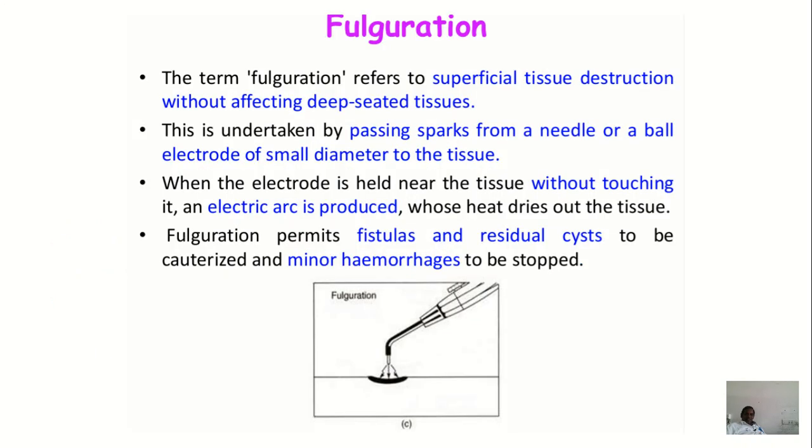Okay, the next technique is fulguration. Fulguration is superficial dissection of the tissue by applying heat. The exact definition: the term fulguration refers to superficial tissue destruction without affecting deep-seated tissue.